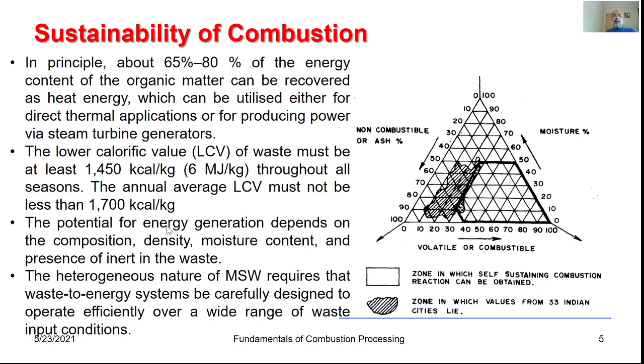Hence, the heterogeneous nature of MSW requires this waste to energy system to be carefully designed to operate efficiently over the wide range of waste input conditions. There is a necessity to have the high energy contents separated from the low energy contents, to reduce the non-combustible contents and enhance the volatile combustible contents, so that the combustion reaction will be fully sustainable.